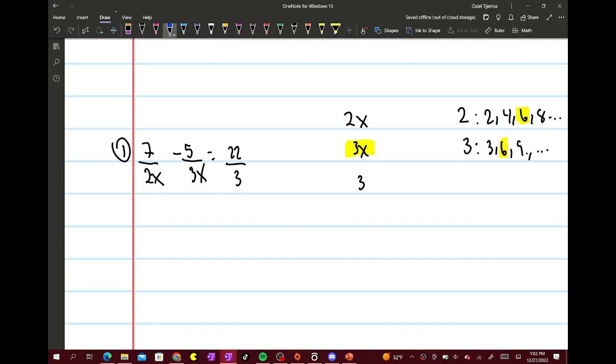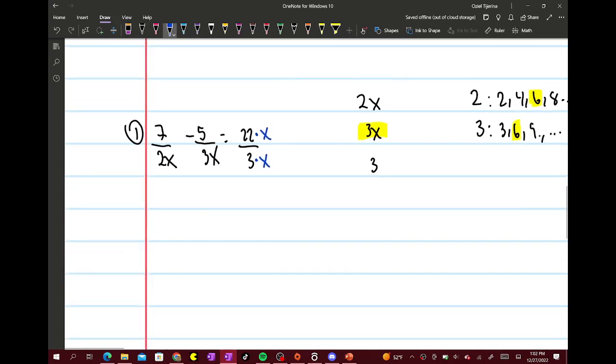If I multiply by x here and by x over here, I can have 7 over 2x minus 5 over 3x equals 22x over 3x.